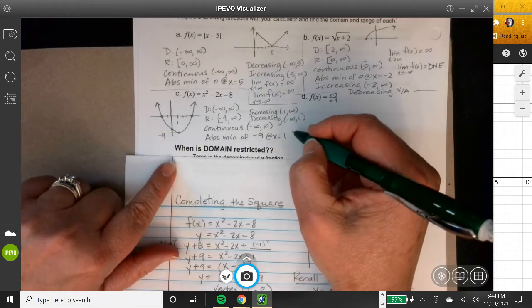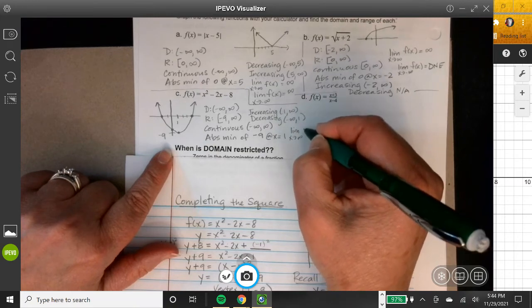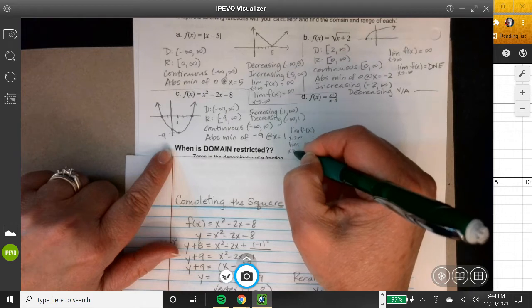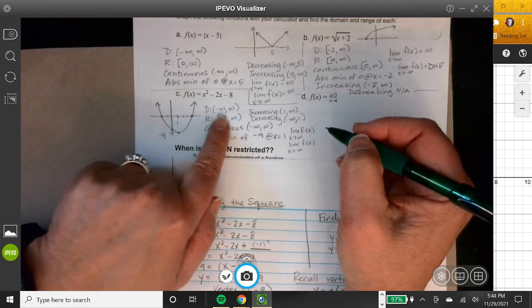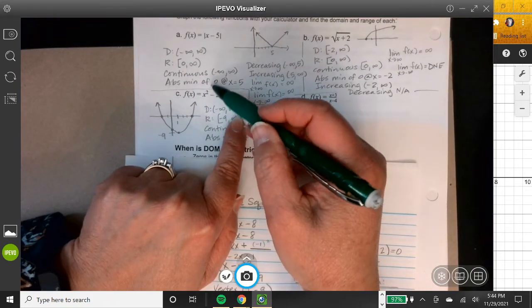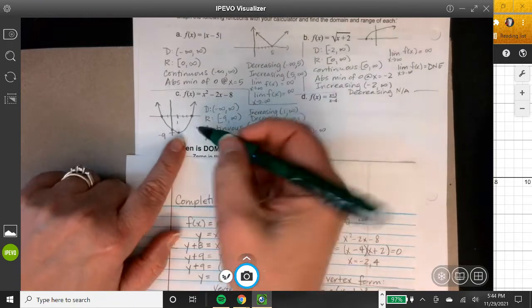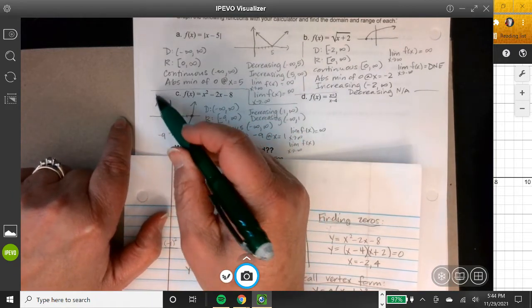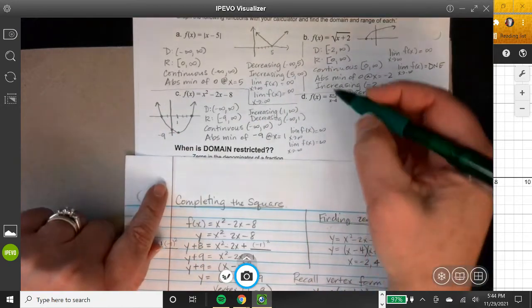And its end behavior limits are the limit as x goes to infinity of f of x, and the limit as x goes to negative infinity of f of x. So we have to imagine ourselves at x equals positive infinity, and where is the y headed? It's headed to infinity, so this is equal to infinity. If I have the x going to negative infinity, where's the y approaching? The y is approaching positive infinity also on this end.